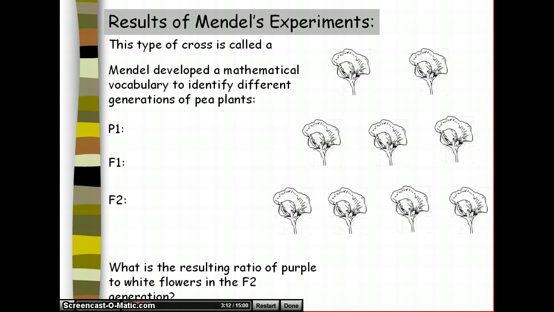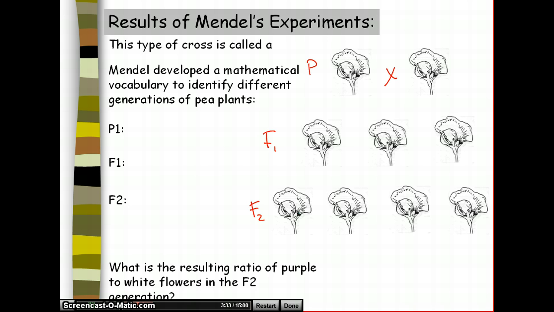Now, what Mendel actually did was he took his P generation, crossed them, and produced his F1 generation. Then he crossed these guys. Obviously, you can't cross three flowers, but he self-pollinated one of these and produced the F2.